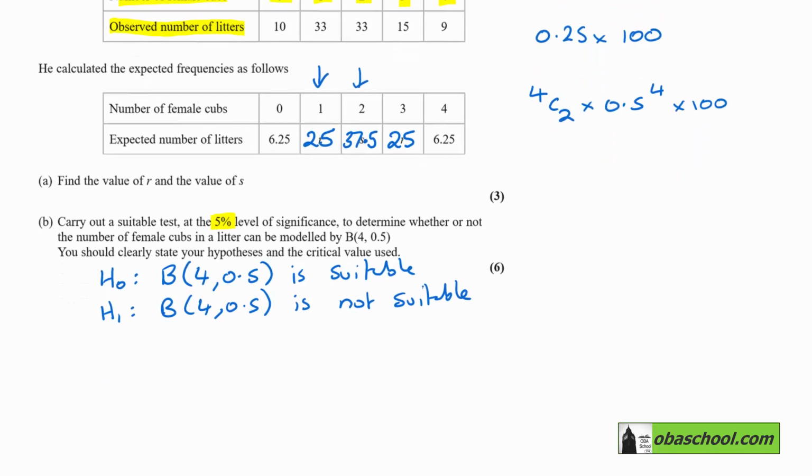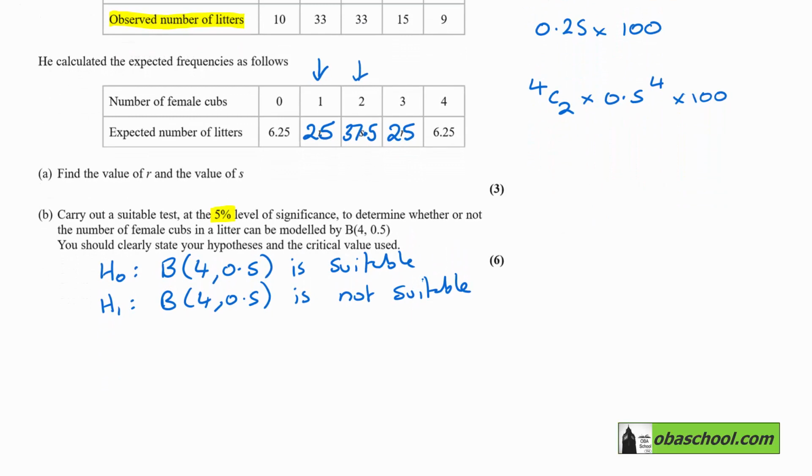And to test this, for this type of data, we would use a chi-squared. And that means I'm going to use observed, take away expected, squared, divided by expected, and we want the sum of that over all of the values.